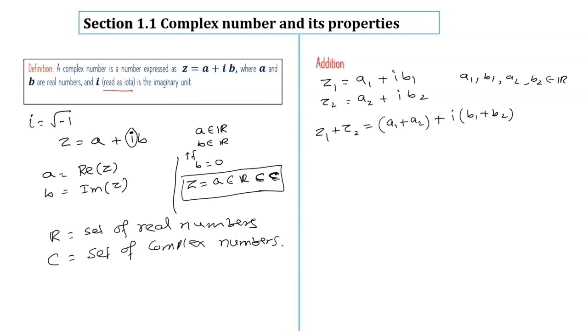Now if you want to do the subtraction, then we calculate it in a similar way, and the subtraction will be given by z1 minus z2 is equal real minus real, that means a1 minus a2, plus iota, imaginary minus imaginary, so b1 minus b2.